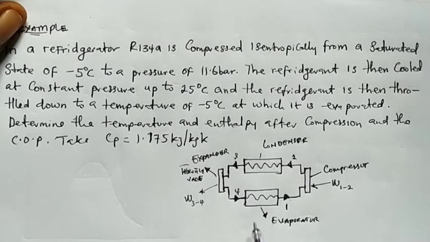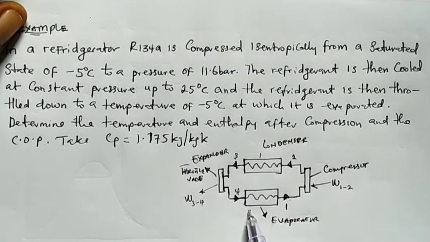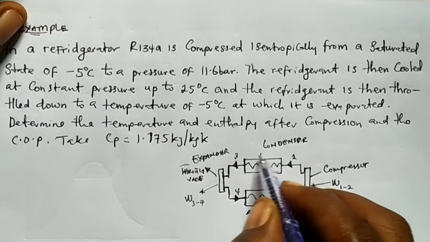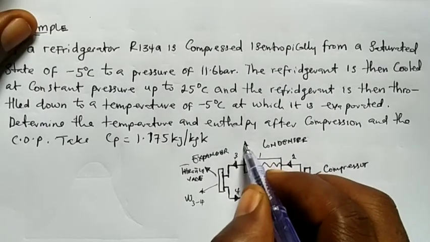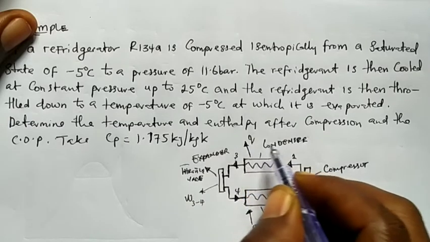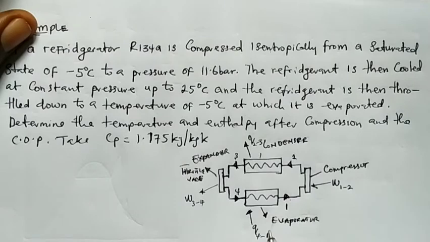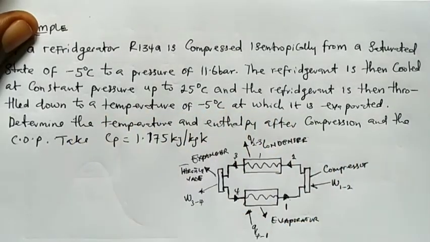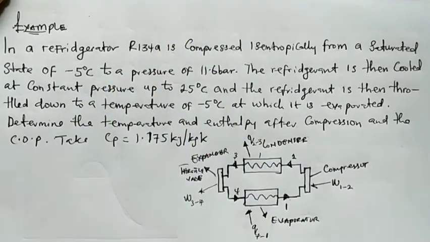Here heat is being absorbed by the refrigerant, Q4 to 1. Here there's heat rejected, and that will be Q2 to 3. Are we good? Now, what you need to understand, I'm using this as a guideline to explain this question here.